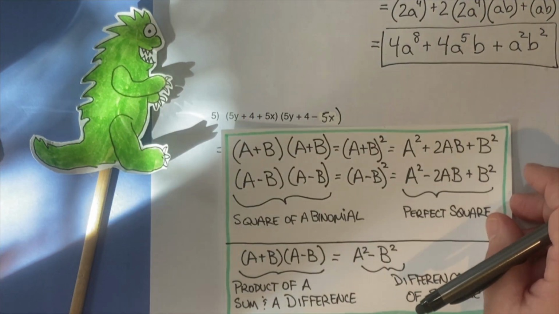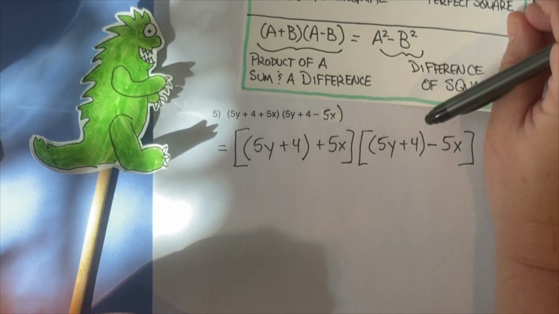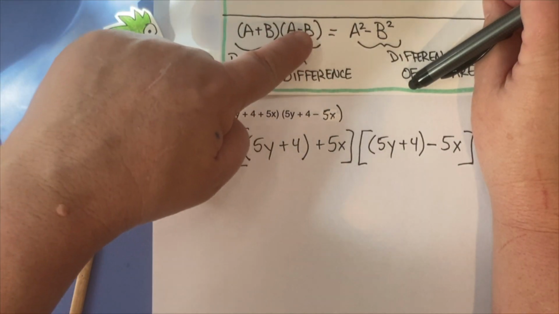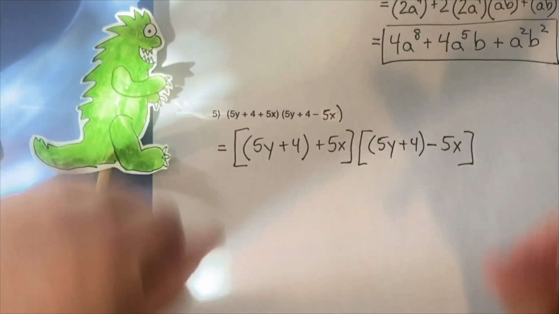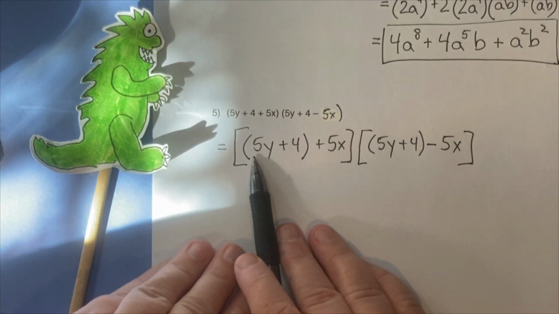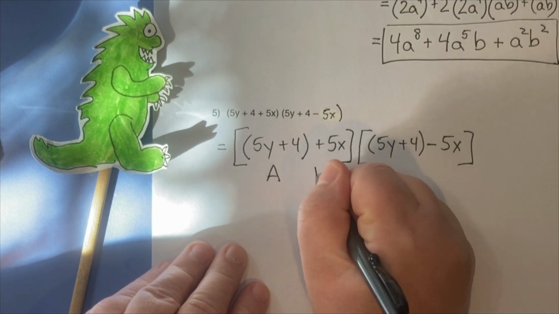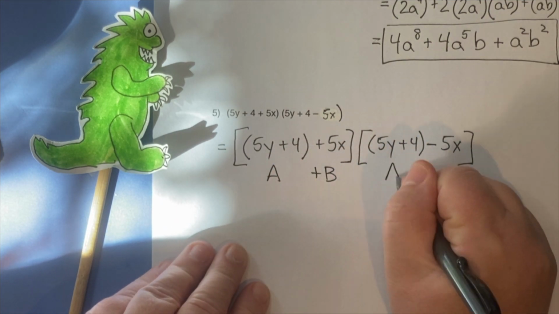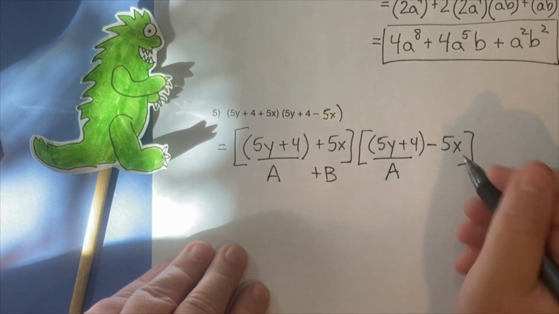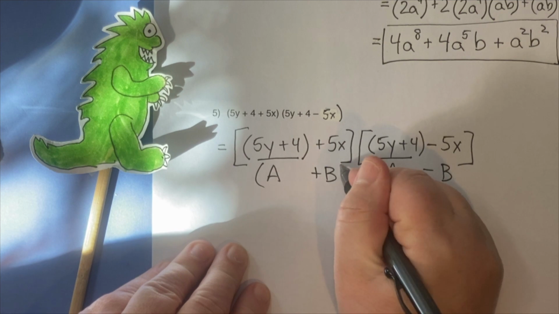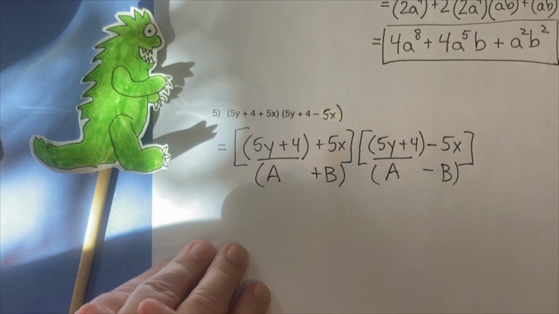The top is everything is exactly the same, so we must be in the bottom. There's a plus and then there's a minus. And so the trick is to see that, if I link these and I make this A plus B, and I make the whole thing A minus B, then I've got the product of a sum and a difference.